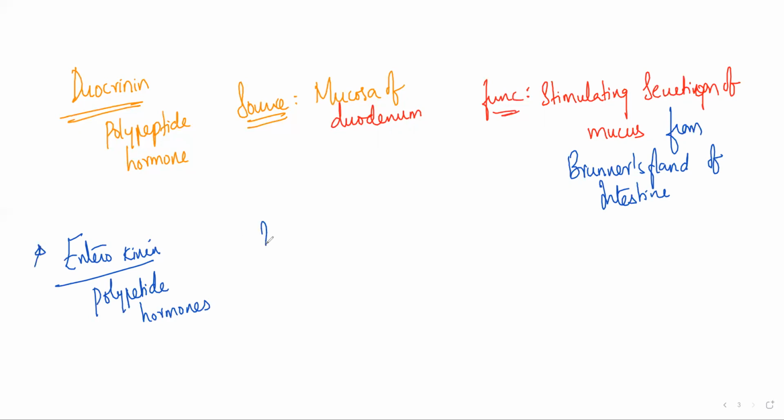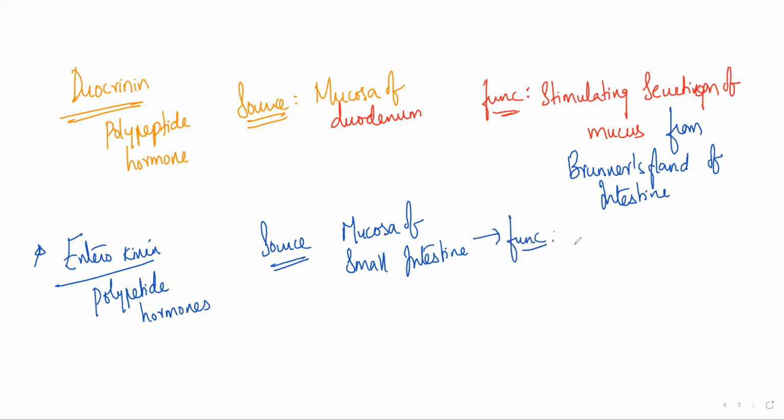The source is again the mucosa of the small intestine. And it has the basic function of stimulating the crypts of Lieberkuhn glands to secrete a large amount of the intestinal enzymes.